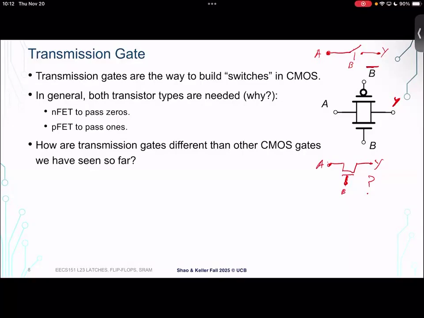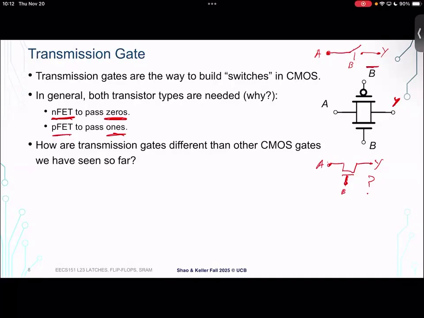So in the transmission gate, we need the NMOS to pass the zeros strongly, and we need the PMOS to pass the ones. So we definitely need both of them. And this transmission gate is much more robust than the pass gate, but it still looks kind of weird. It looks very different than all of the other CMOS gates that we've looked at so far.